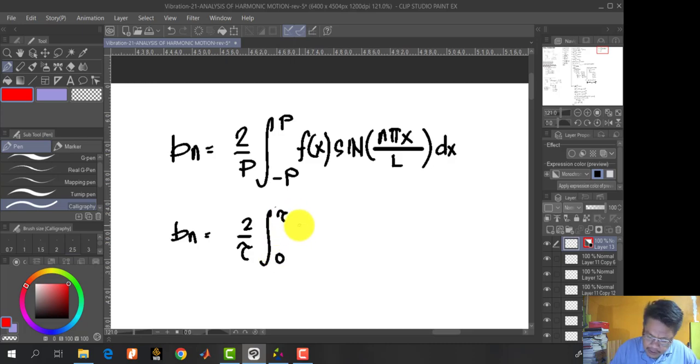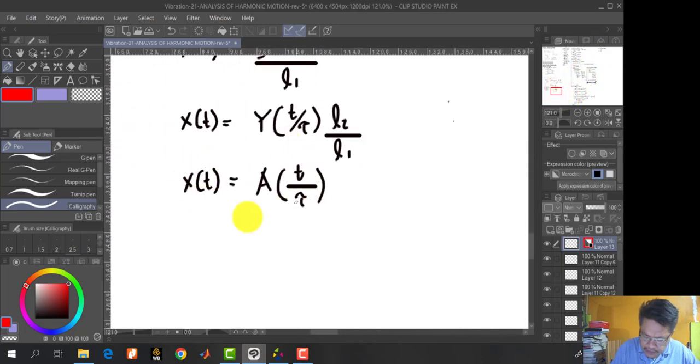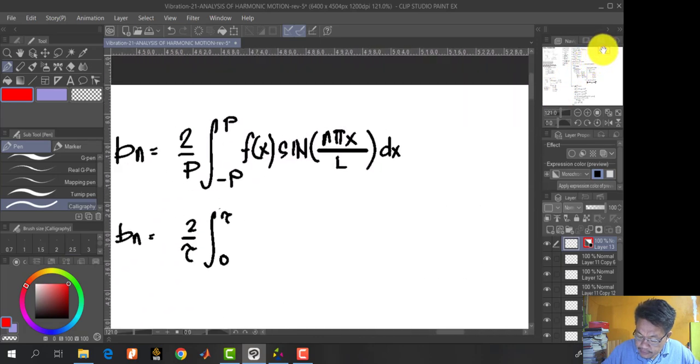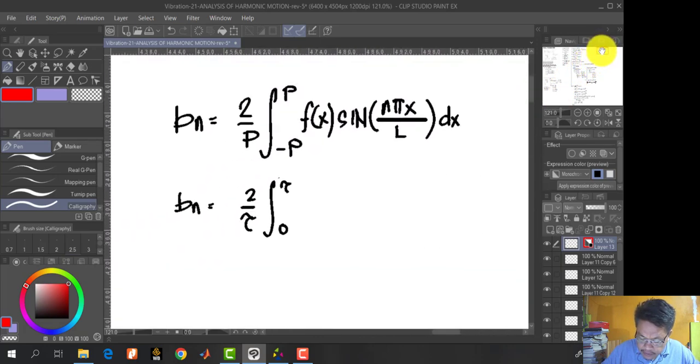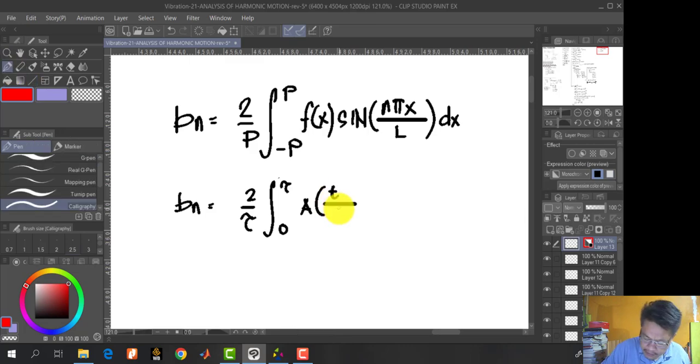And for the function, let's go back to that. We have here the function that we derived last time. So this one, I have my function which is my a multiplied by time, this will be my time, and this is all over, divided by my period.